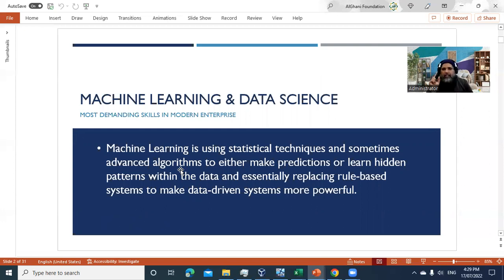That's one of the biggest differences between building a system using core logic, or feeding the data to let the system learn the logic by itself. There are plenty of simple examples we're going to see, and they will really help you understand this concept. Right now, just focus on these two things: that we are going to replace the rule-based logic with data-driven logic, which is obviously the biggest charm of working in machine learning and data science.